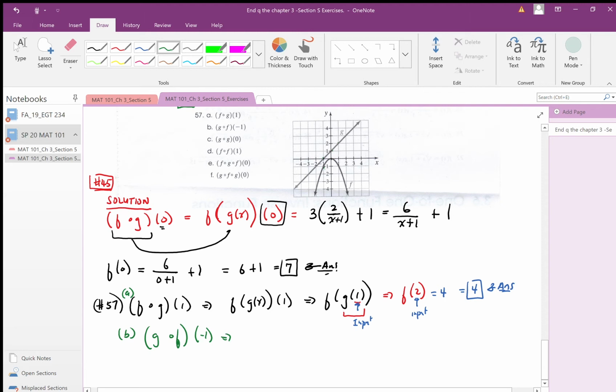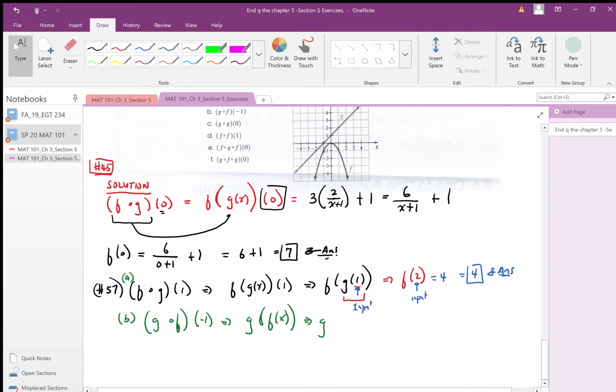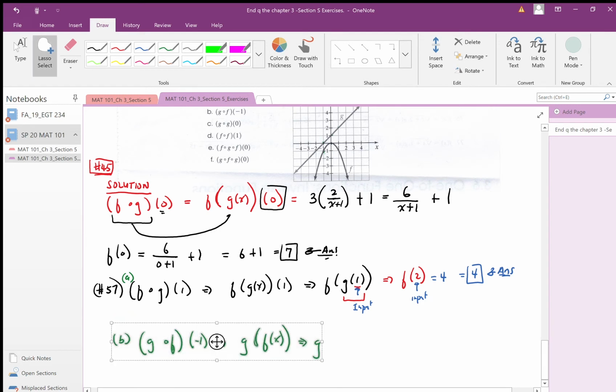Again, it's going to be G of f of x, equals G. Let me bring this down a little bit so it won't feel cramped up here. Okay, and this is going to be G of f of -1.